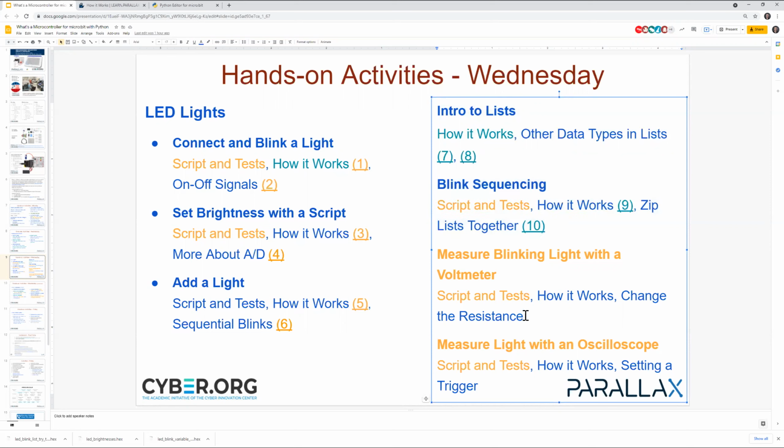So let's see here, 10 minutes. All right, so let's try measuring the light with the voltmeter.